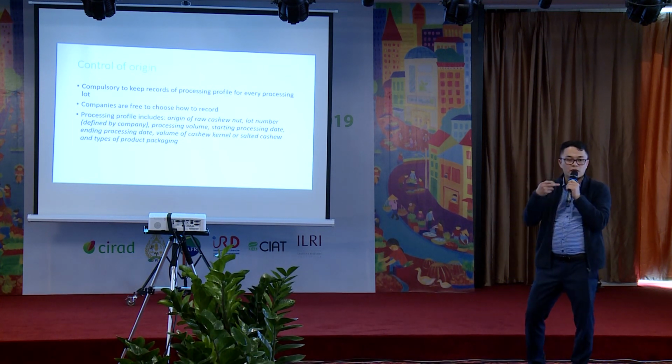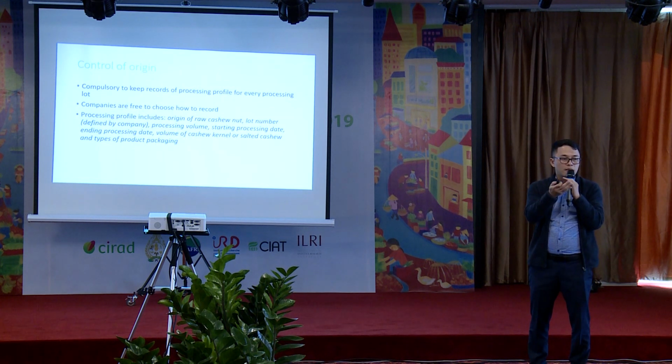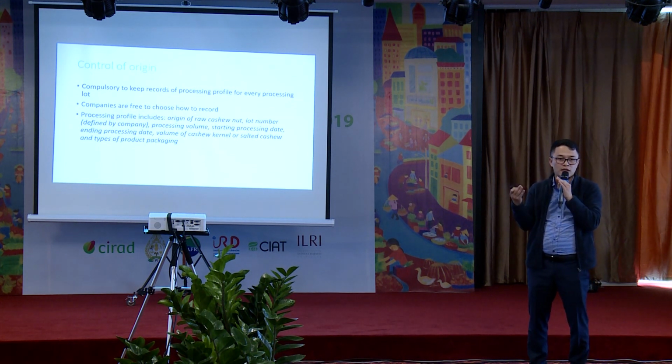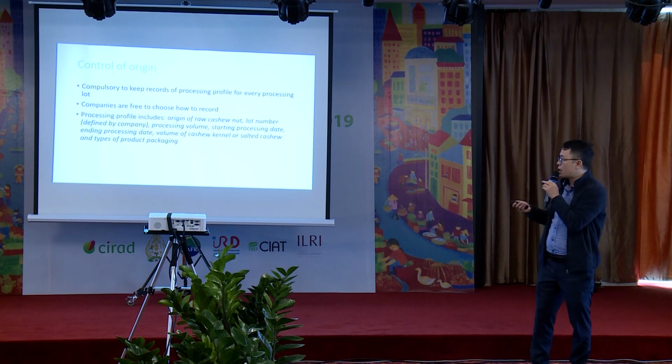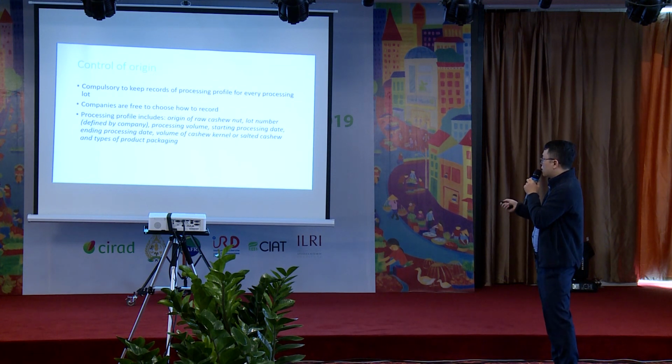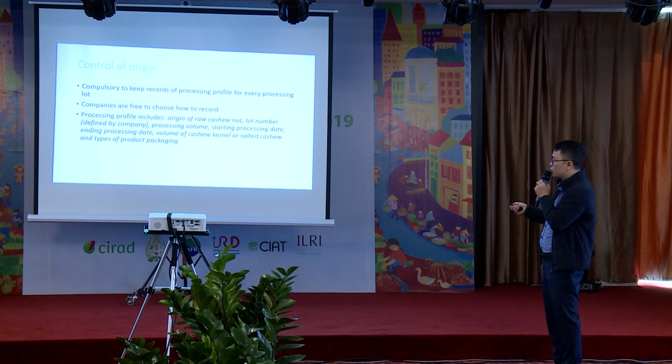So when the company buys cashew nut and does processing, they have to keep all information for those lots, like the origins of the raw cashew nut, the lot number which they have to define, the processing volume, the starting and ending processing date, and the product they process.